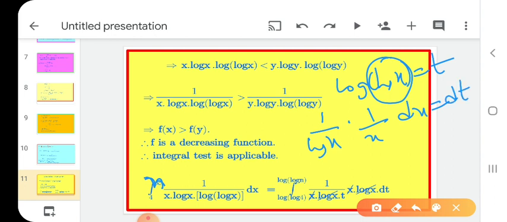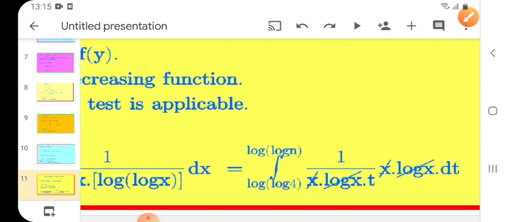Log of log x equals t; now differentiate with respect to x. Log of log x gives 1 by log x, and the differentiation of log x is 1 by x dx. Therefore dx equals x log x dt.